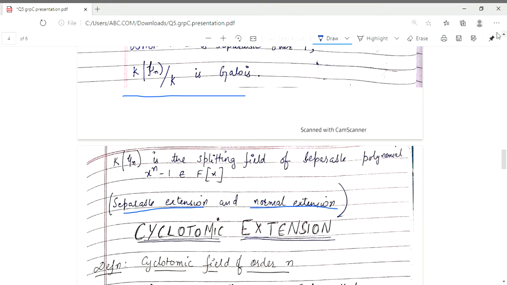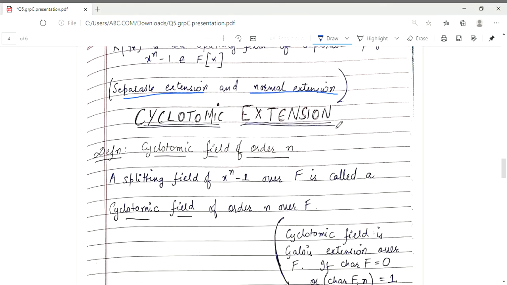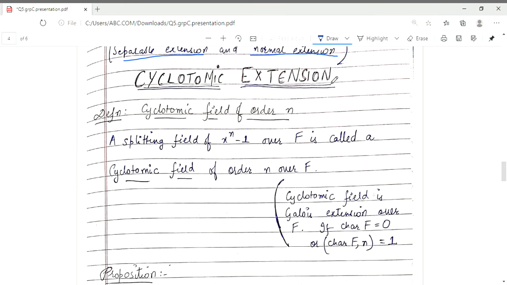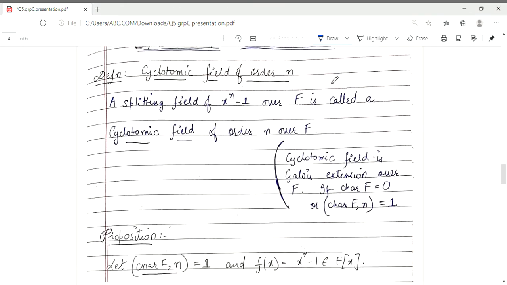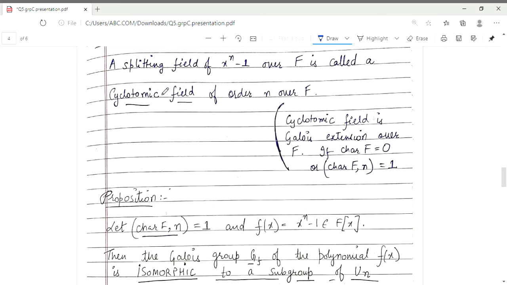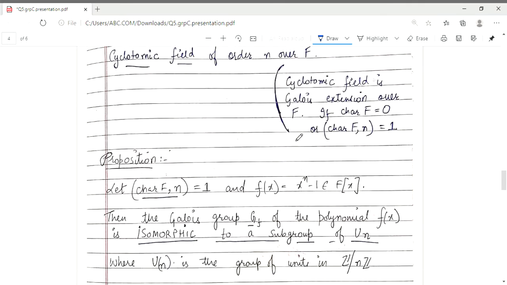Now we will see about cyclotomic extensions. We will define the cyclotomic field of order n. A splitting field of x power n minus 1 over F is called a cyclotomic field of order n over F. This is true also that a cyclotomic field is a Galois extension over F if characteristic F is 0 or characteristic F does not divide n.